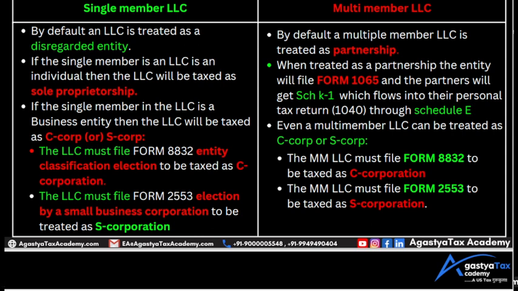Under multiple member LLC, when treated as a partnership, the entity will file form 1065.